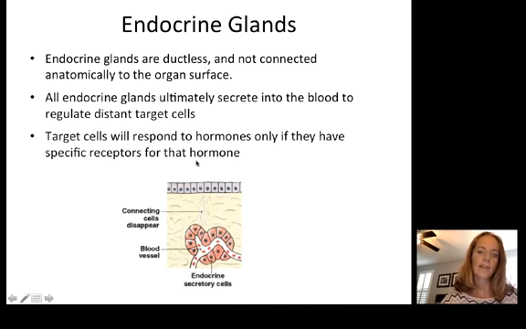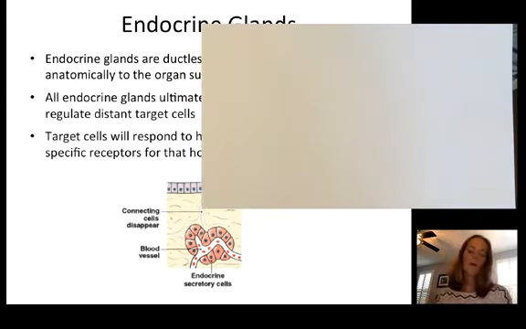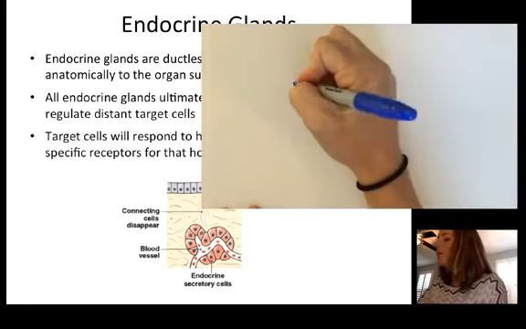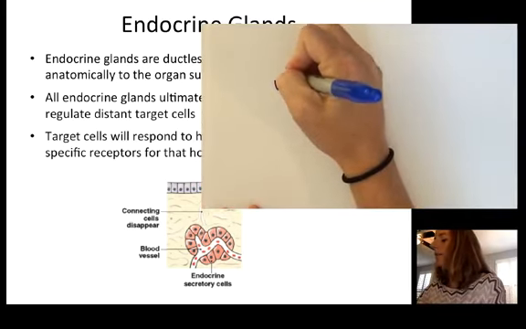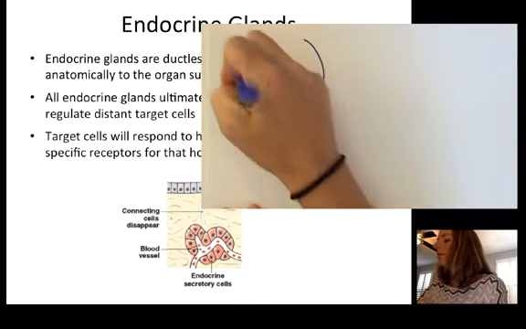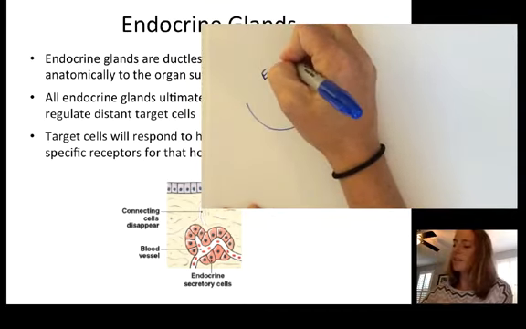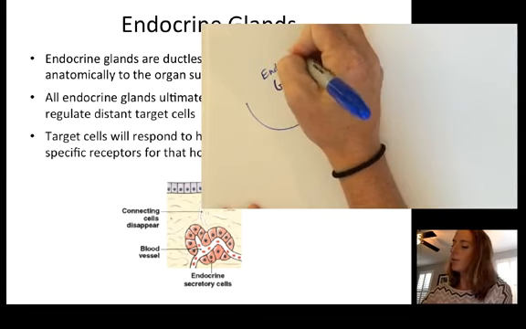So I'm going to draw this out so we can start to build on this bigger picture. Okay, so what we have is a gland. We're just going to loosely call it an endocrine gland right now. We will give them specific names as we go through.